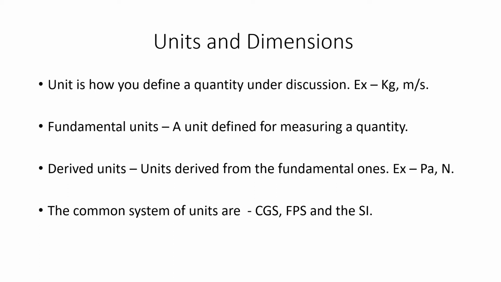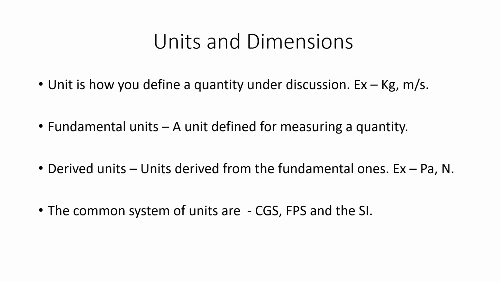This is something that we have been using for a long time. A unit, as written, is how you define a quantity. For example, if you're taking mass as a quantity, we define it in kilograms. If you're taking the quantity as speed, it is defined in meters per second.